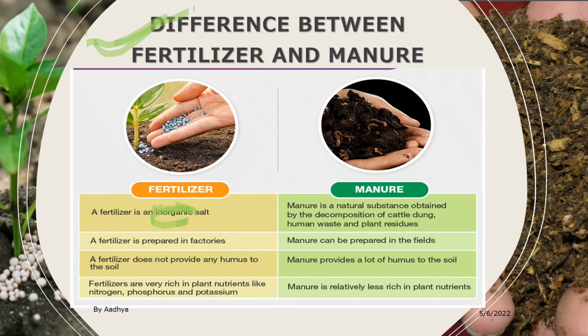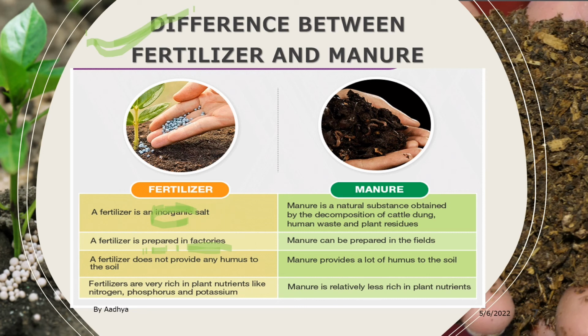Next or the third point તમે add કરી શકો છો કે fertilizers છે એ chemical substance છે, એ chemical થી બનેલું છે, while the manure જે છે એ natural substance છે. Fourth point તમે એવું add કરી શકો છો કે fertilizers છે factories માં prepare થાય છે, while manures can be prepared in the field.